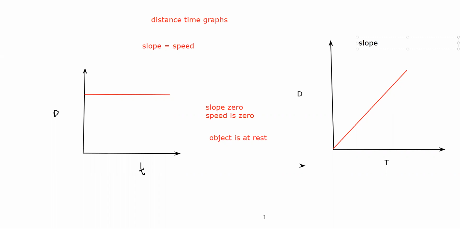Whenever there's a straight line starting or passing through the origin, what about the slope? Slope means angle with the x-axis. So slope is constant here. If slope is constant, we can also say speed is constant.